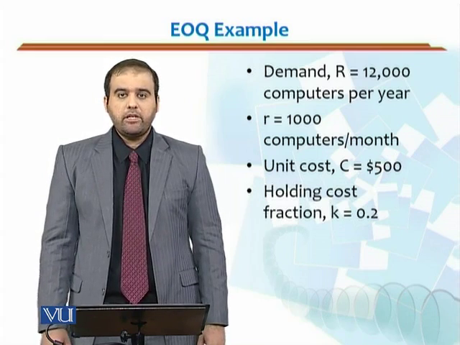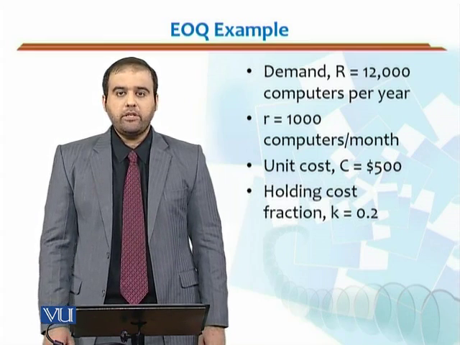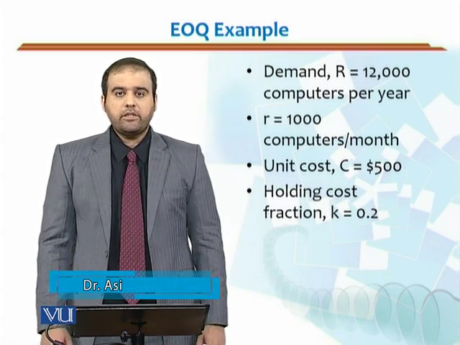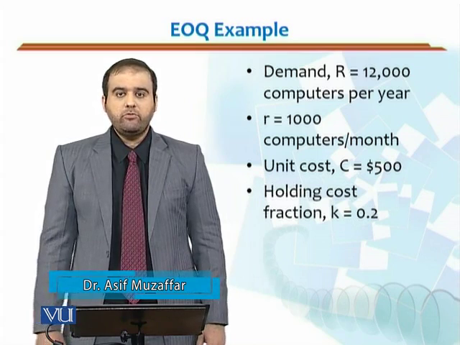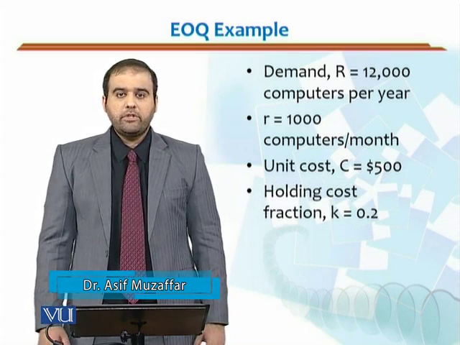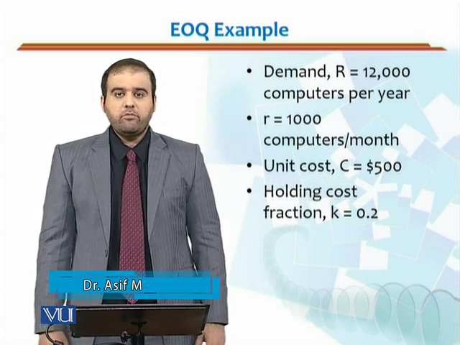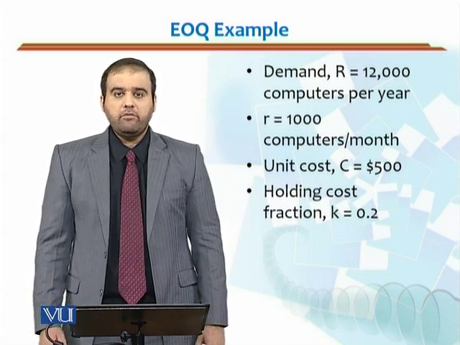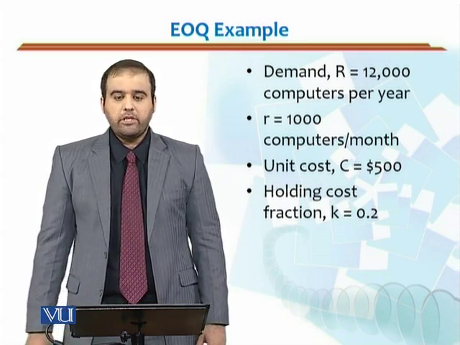Now let us look at the example that will illustrate what kind of benefits and what characteristics of EOQ we need to understand for further developing other inventory models, which would of course be based on the economic order quantity.